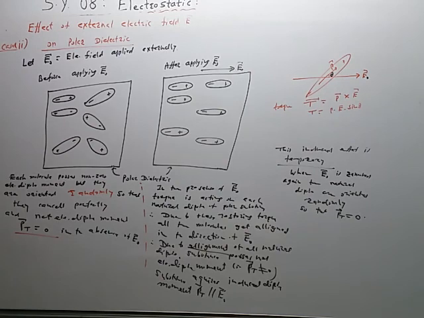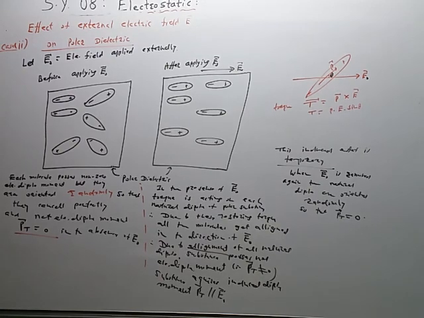When electric field is applied to polar or non-polar dielectric, they possess the induced dipole moment temporarily. As long as electric field is applied, there is a dipole moment. Electric field is removed, no electric dipole moment is possessed by the substance. So this is the temporary effect in the presence of the external field applied E_0.